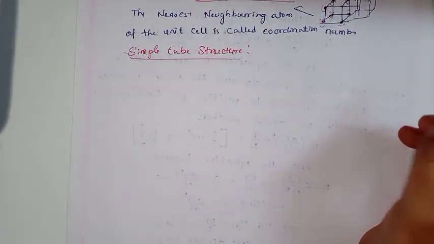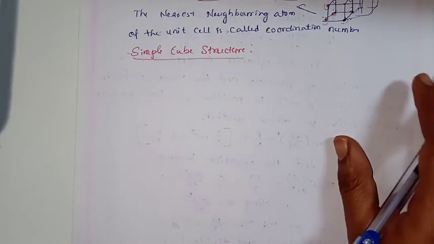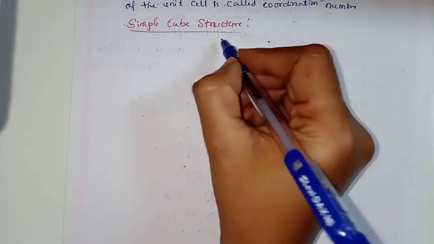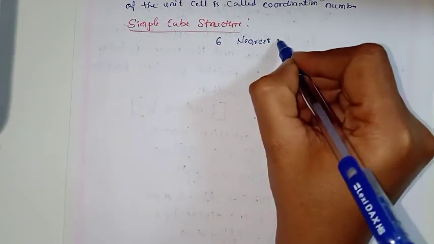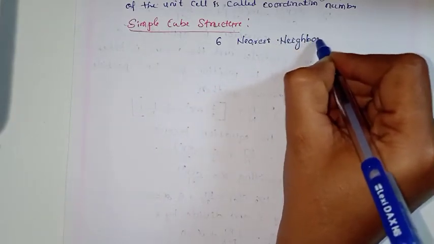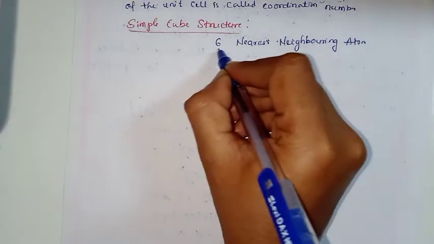In the simple cubic crystal structure, each atom has 6 nearest neighboring atoms.